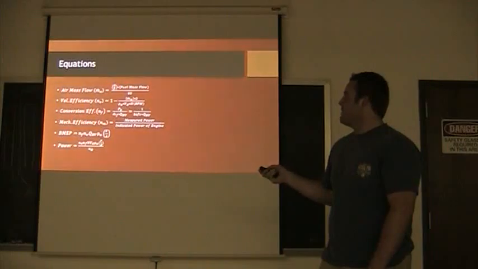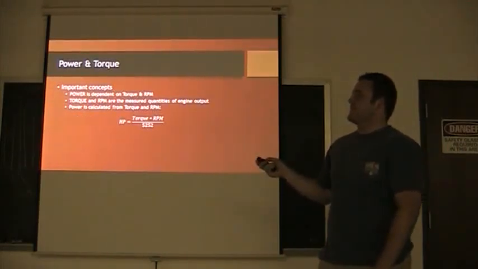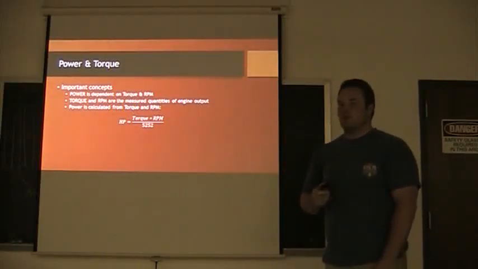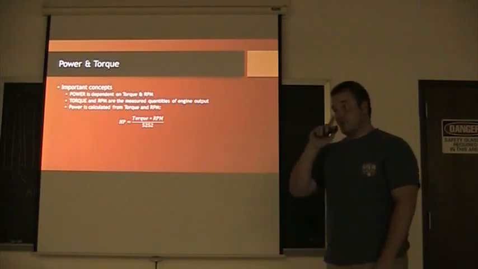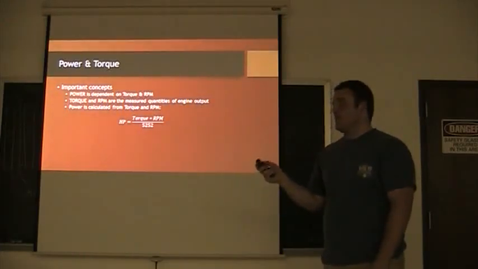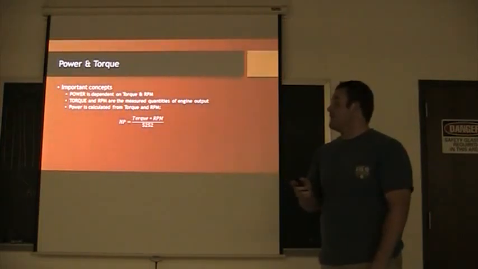A over F or F over A is the fuel to air ratio. Horsepower is related to torque and the RPMs over 5252. Horsepower is dependent on both torque and RPM. It's important to understand that to understand the results of this.